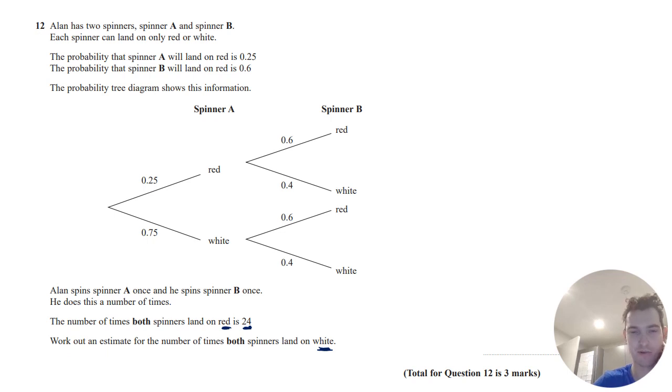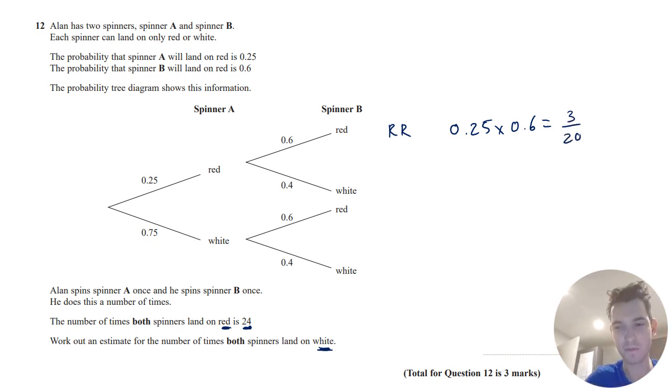I think I'm going to start this problem by working out the probability that both spinners land on red. So probability of red is going to be 0.25 times 0.6, which is 3/20 as a fraction. That's what it gave me in my calculator.